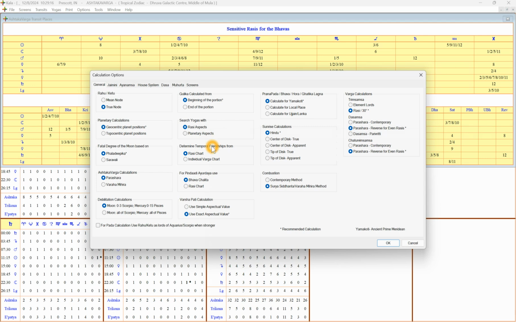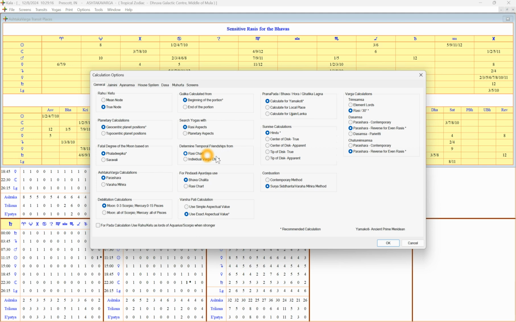Okay? A really important option is temporary friendships. Okay, so temporary friendship, a planet's a friend when it's the 2nd, 3rd, 4th, 10th, 11th, or 12th from another planet. When it's conjunct a planet, or in the 5th, 6th, 7th, 8th, or 9th from a planet, it is a temporary enemy.